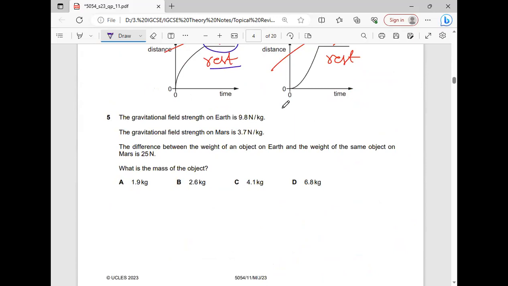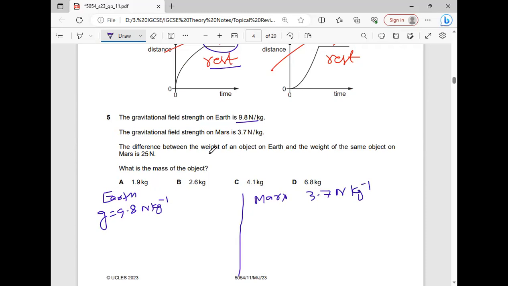The gravitational field strength of Earth is 9.8 Newton per kg. The gravitational field strength on Mars is 3.7 Newton per kg.